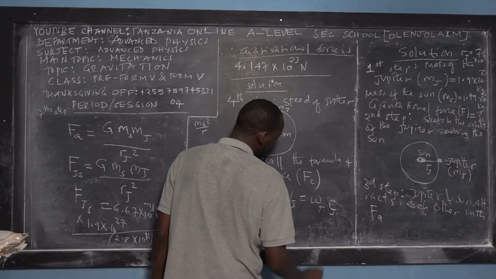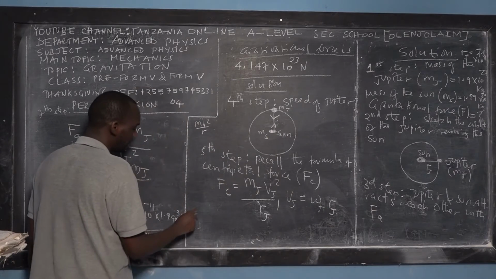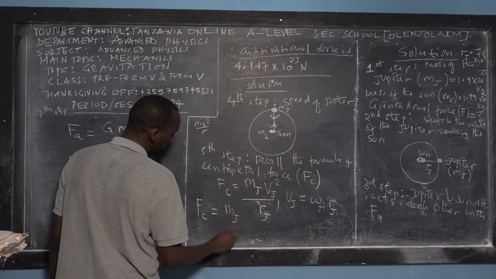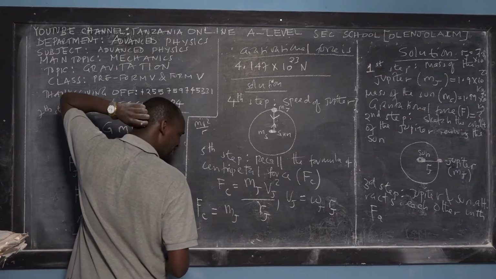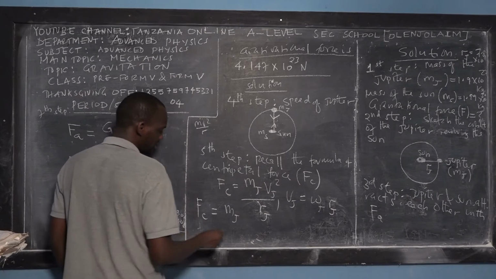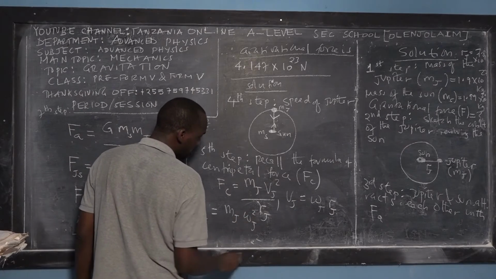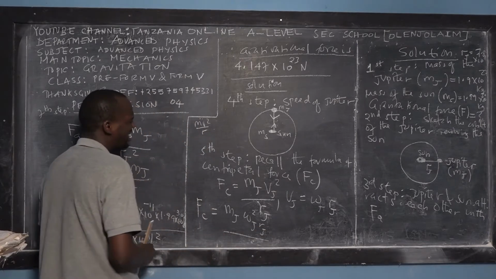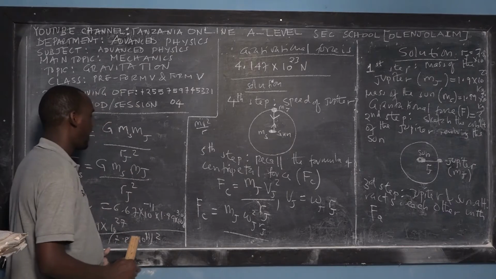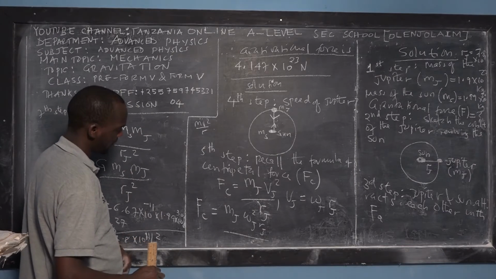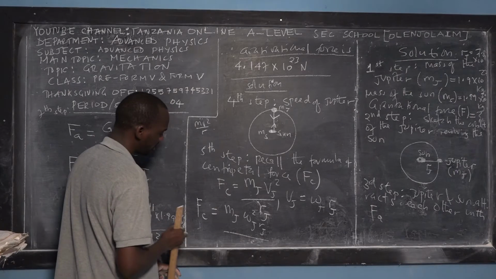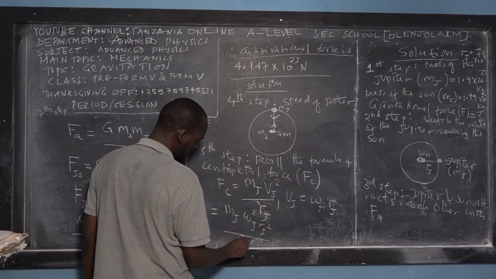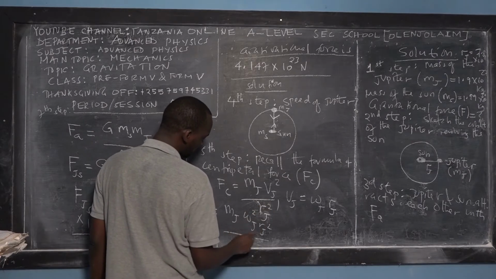Then we say that the centripetal force is equal to the mass of Jupiter, the angular velocity squared of Jupiter, the radius of Jupiter, over the radius of Jupiter.